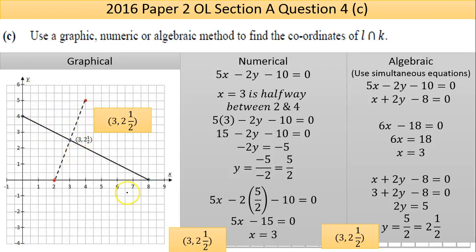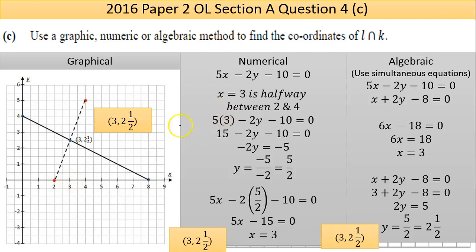Okay, perfectly valid. Or you could use the numerical method. So you have your equation of the line, and you're saying that halfway between the points 2 and 4 is 3.